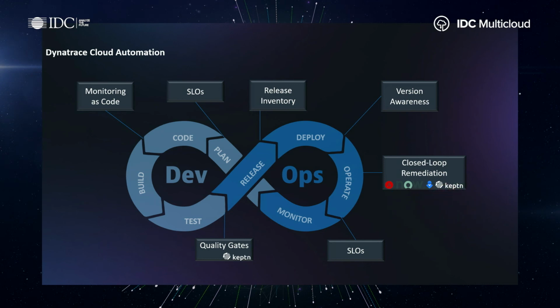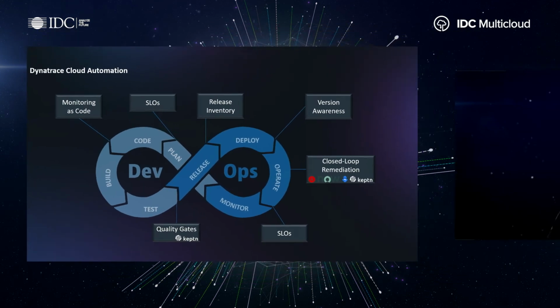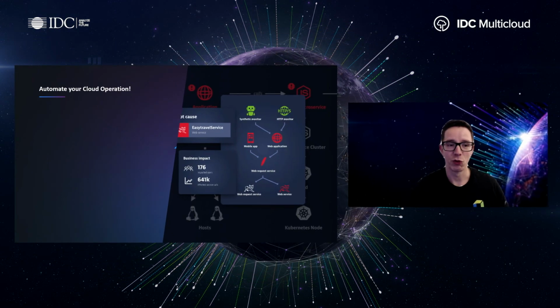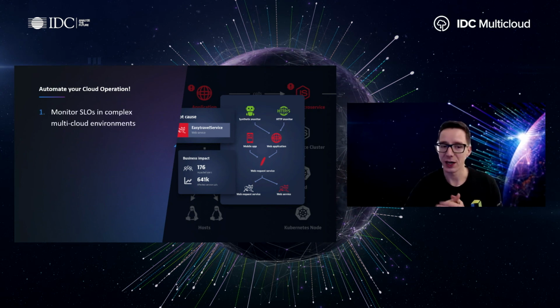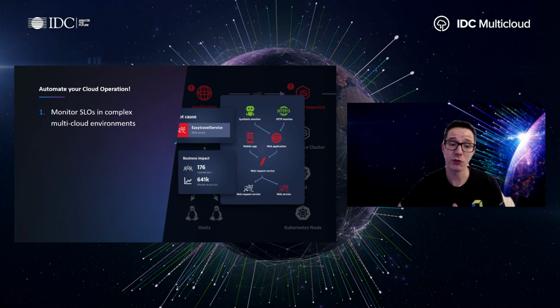So in a nutshell, and to sum up, it's time for everybody to take action and to automate your cloud operations, right? So what did I talk about? Well, you want to monitor your SLOs in multi-cloud in complex environments. No matter the size of your environment, Dynatrace has got you covered for that. We have been doing this for a very, very long time.